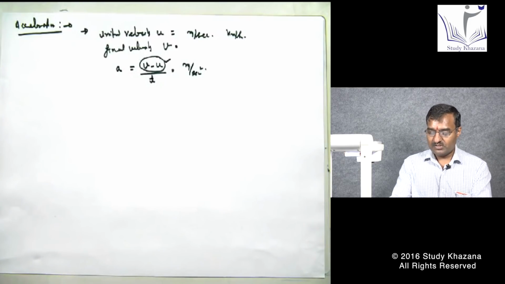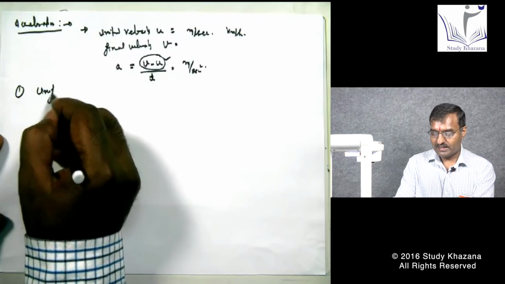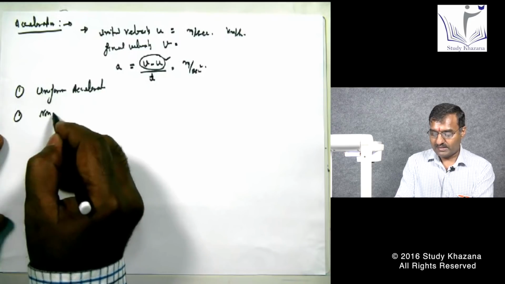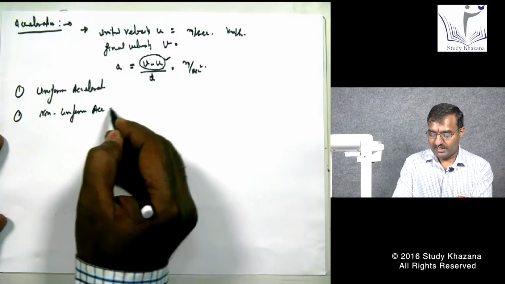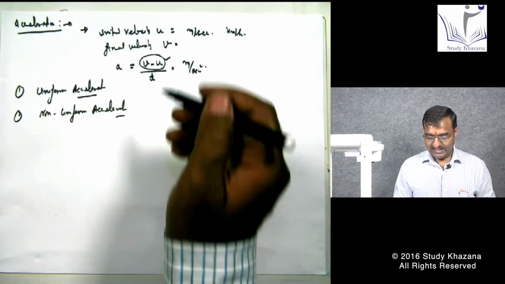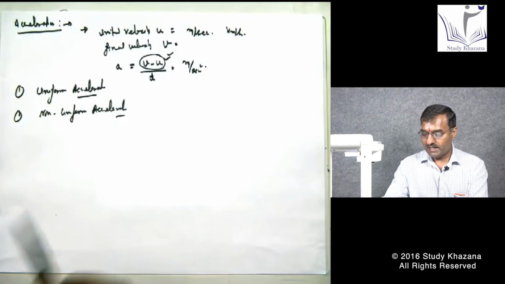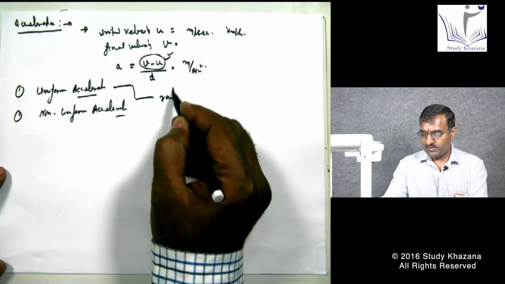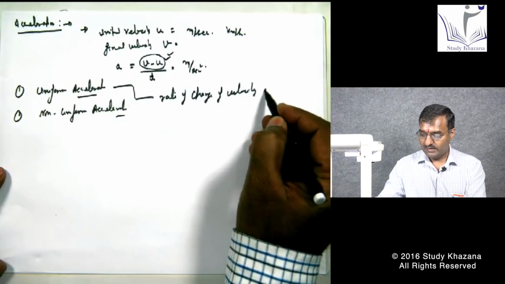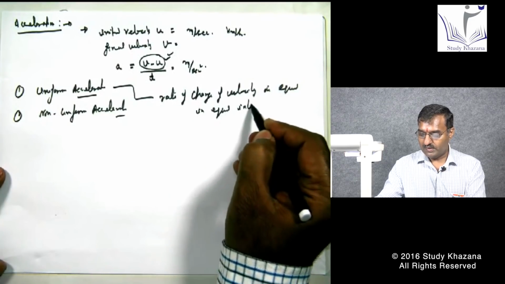Similarly, as we have studied uniform speed, we can also have uniform acceleration and non-uniform acceleration. How do we define uniform acceleration? In uniform acceleration, the rate of change of velocity is equal in equal intervals of time.